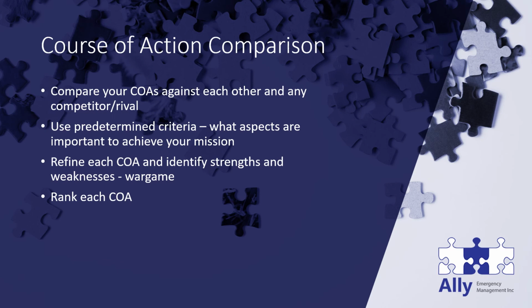You're going to have a list of predetermined criteria, and those criteria are based on what aspects you've assessed are important for you to achieve your mission. It might be security, it might be speed, it might be a dollar figure. There are all kinds of things.